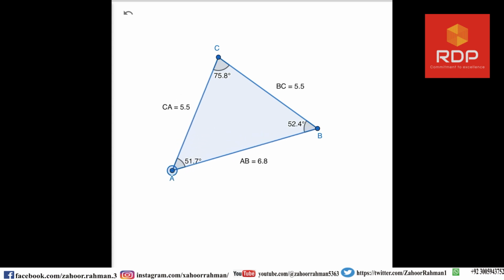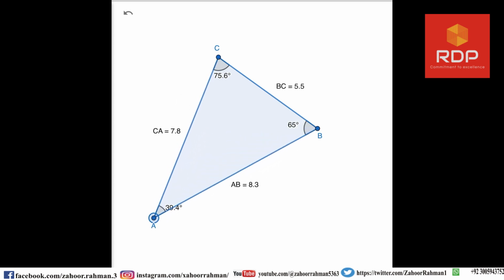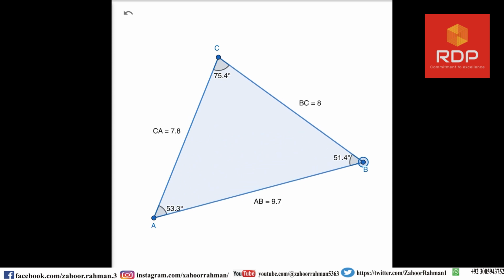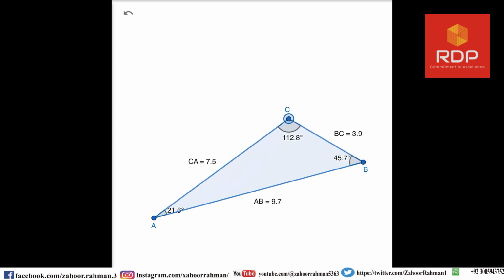Now let us change the sizes of these points. For example, I am changing it, and you can see that now AB is 9.7 and AC is 7.8. If I change the BC line to be 3.9, by changing the lengths of the sides, we will get different angles as well.